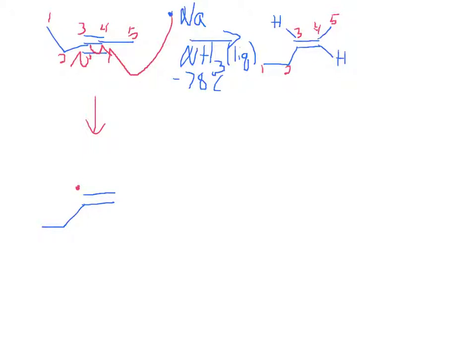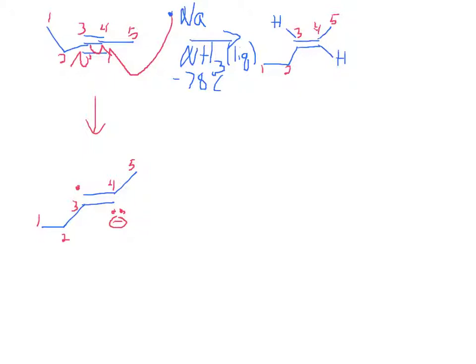No. So we'll draw this trans. Here are 2 electrons and a negative charge, and one came from the sodium. Would they rather be cis or trans? They'd rather be trans.